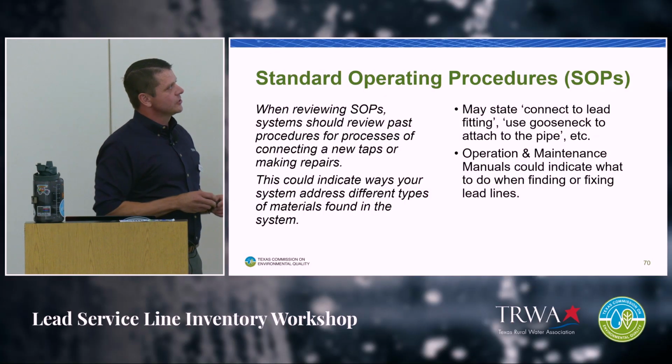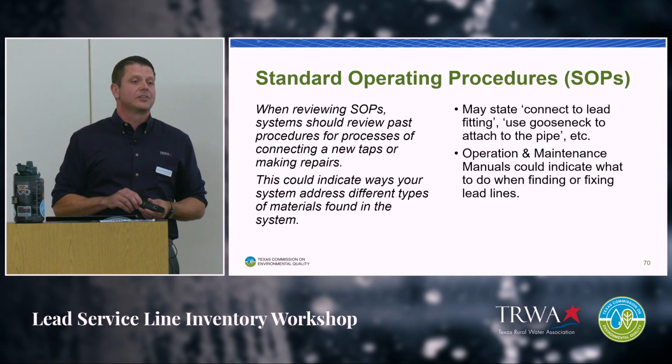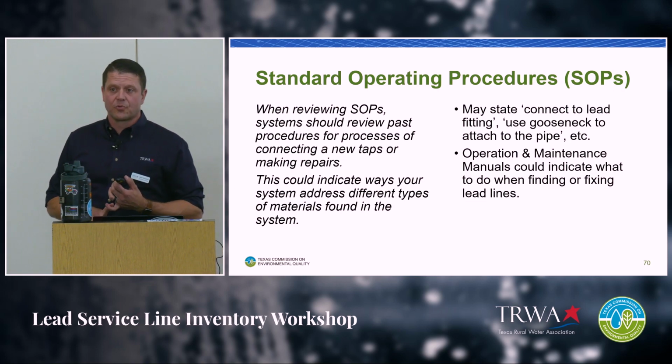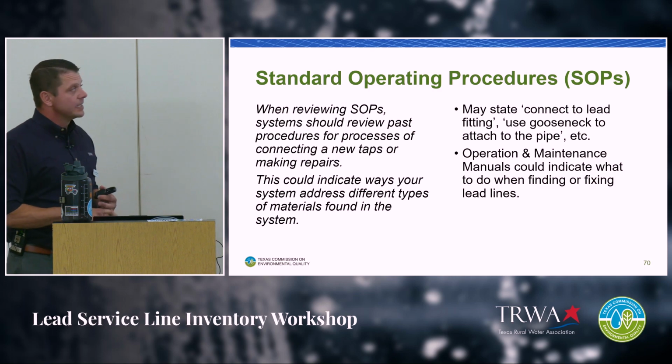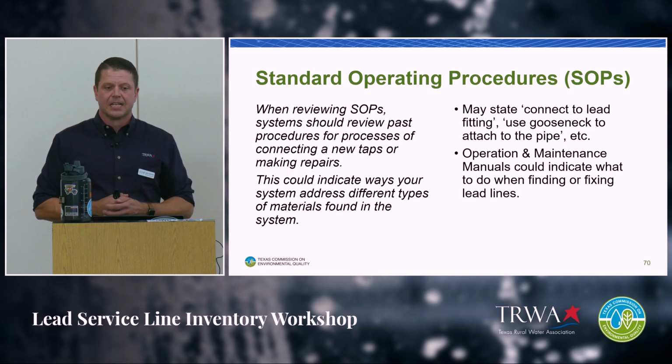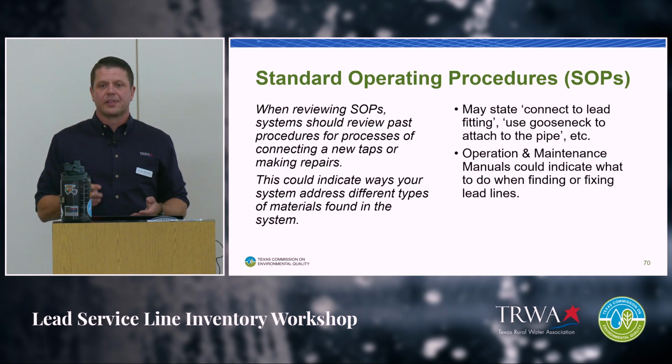Standard operating procedures, if you do have a set standard of how you do things. If you have an SOP for putting in a tap, for fixing a leak, for doing any type of services in the field, look back at those. Maybe there were some amendments or changes over the years.